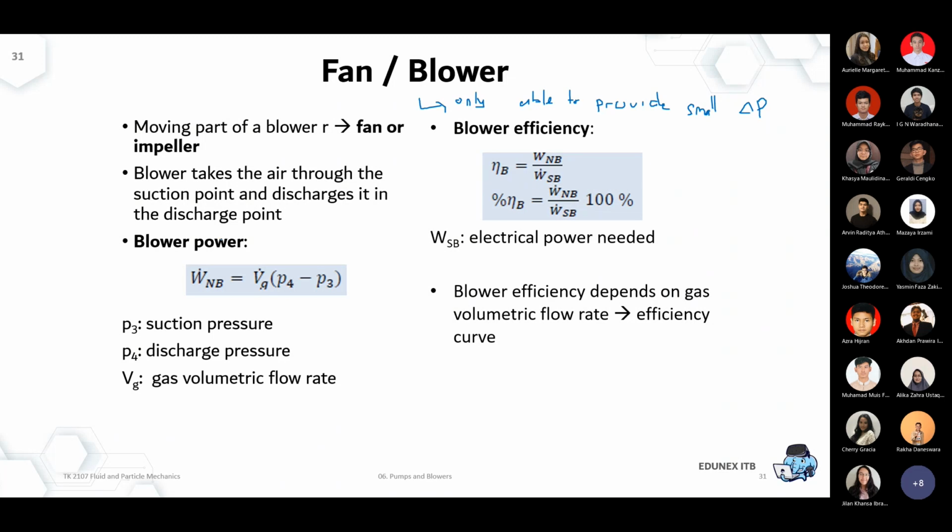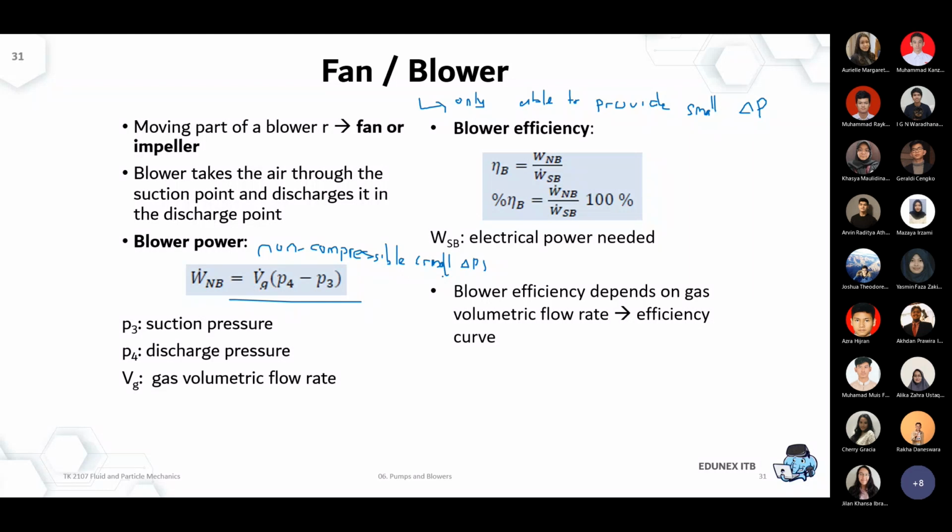Because it behaves relatively as an incompressible process, as the delta P is very small, the duty can be calculated using the same formula as the pump. That's a big disclaimer, because if you have a high delta P, then this assumption will not hold anymore.